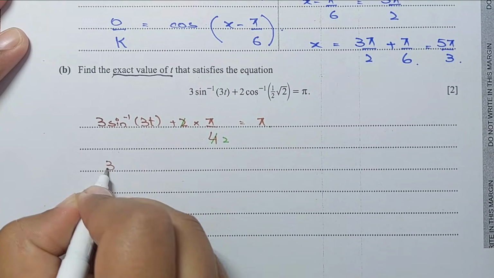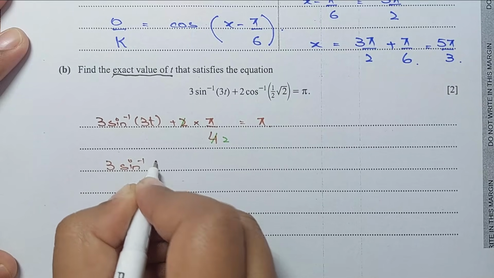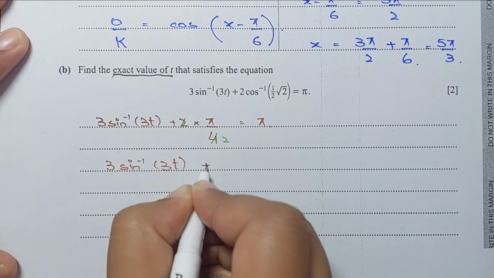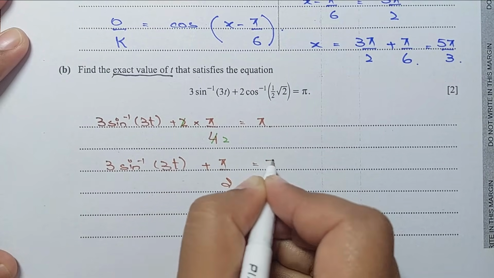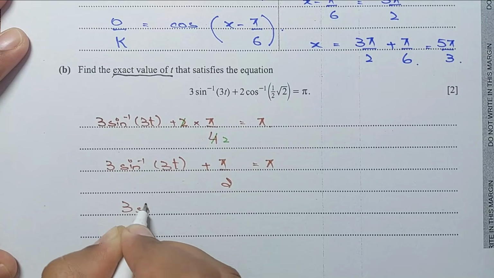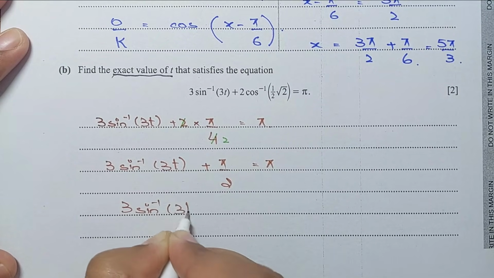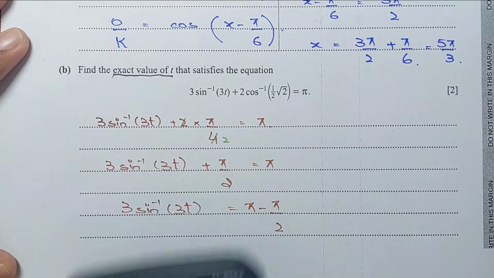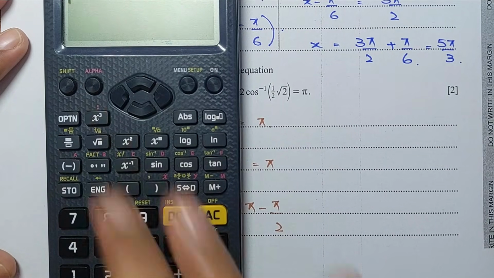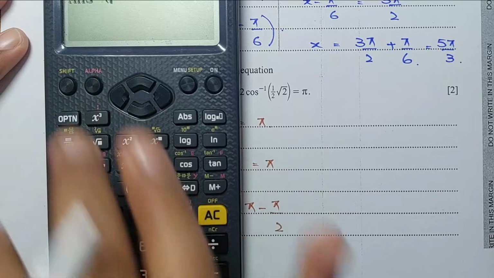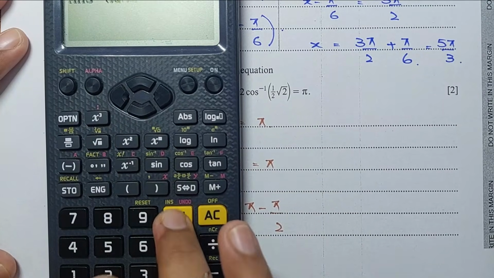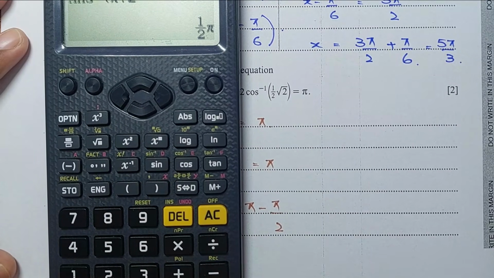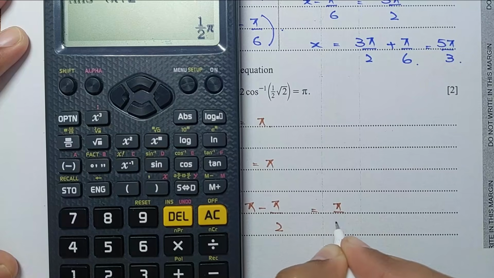So we have 3 sine inverse of 3t plus pi by 2 is equal to pi, and 3 sine inverse of 3t is equal to pi minus pi by 2, which is pi by 2.